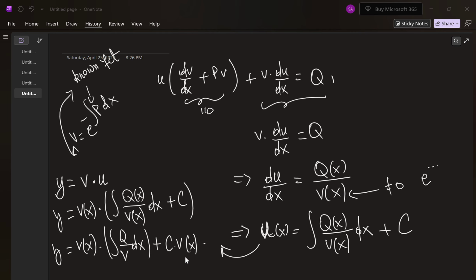The students who were present in the last lecture on Wednesday, did we do these steps of the resolution of a first order differential equation? No, it is.